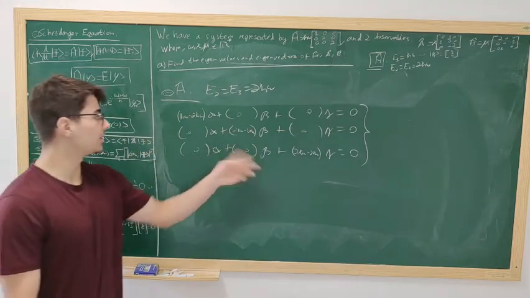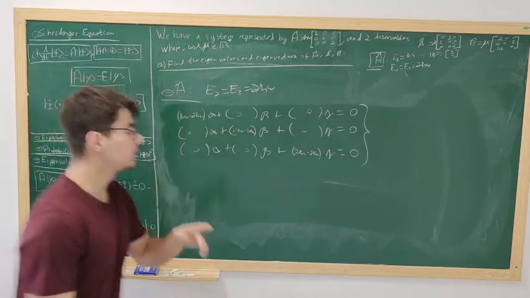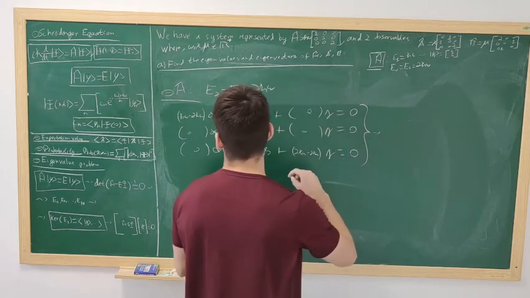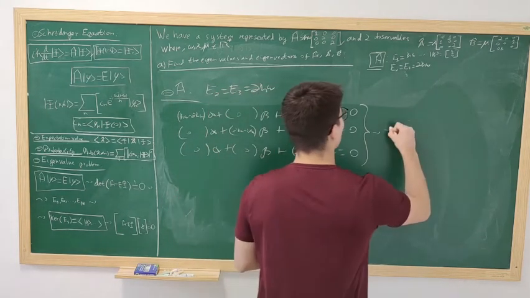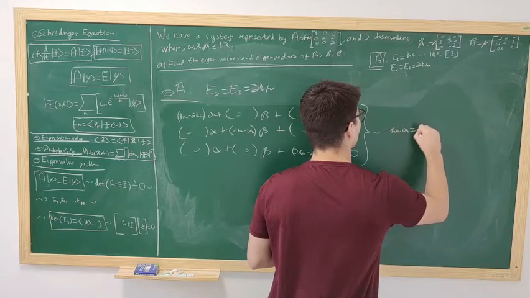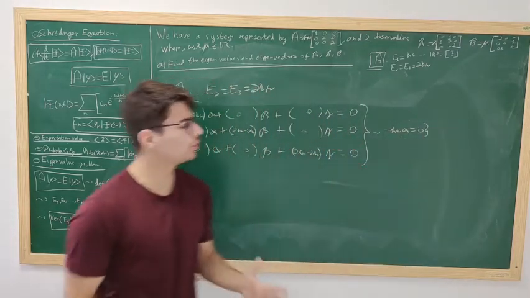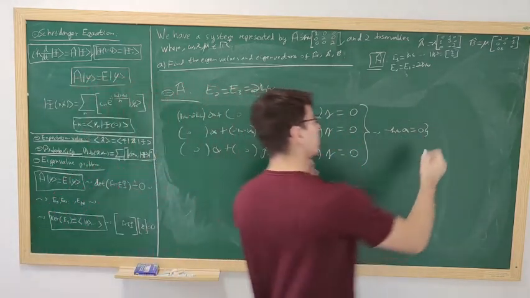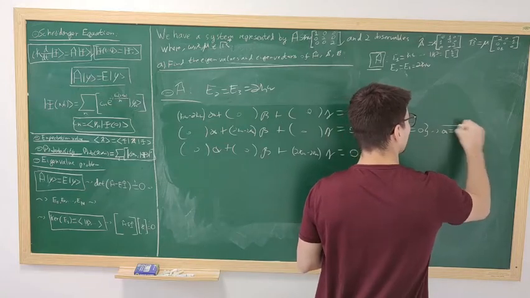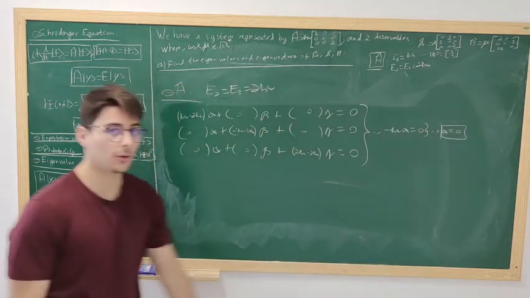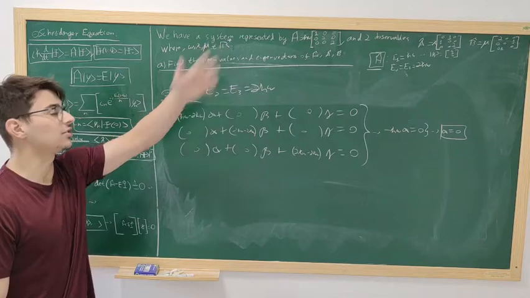Notice that this is 0, and this is just minus ħω alpha equals 0. For this to hold, we necessarily need alpha to be 0, because ħω is not 0, since omega is just a positive number.